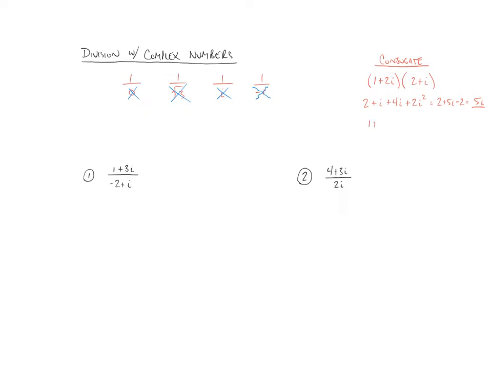If I start with 1 plus 2i and I multiply it by its conjugate, that just means I'm going to take that plus sign and make it a minus sign. So its conjugate is 1 minus 2i. If I multiply 1 plus 2i by its conjugate, you will not get an imaginary solution. It will end up being real, and I'll show you why. 1 times 1 is 1. 1 times negative 2i is negative 2i. 2i times 1 is positive 2i, and that is where the magic is happening, because these two terms are actually going to cancel each other out.